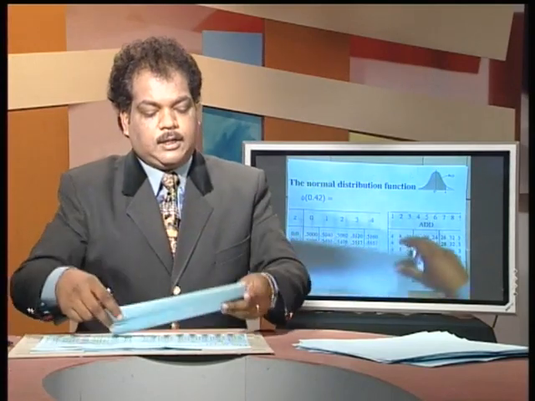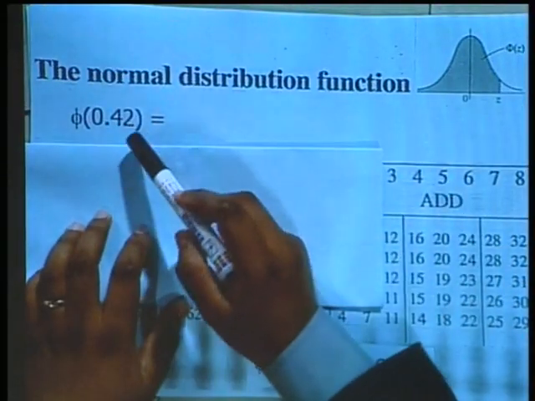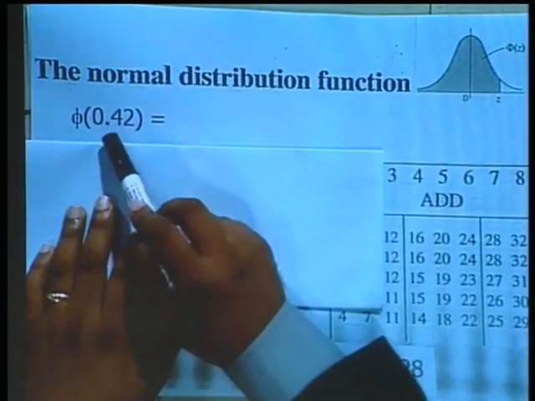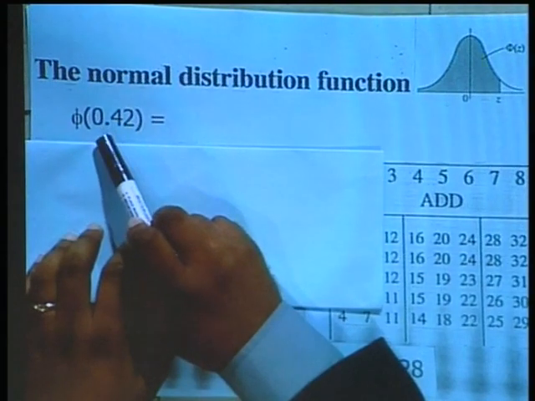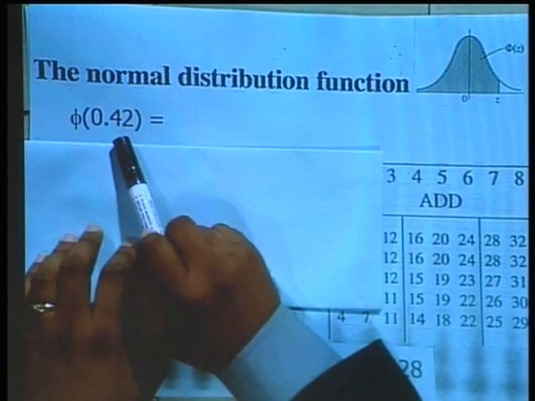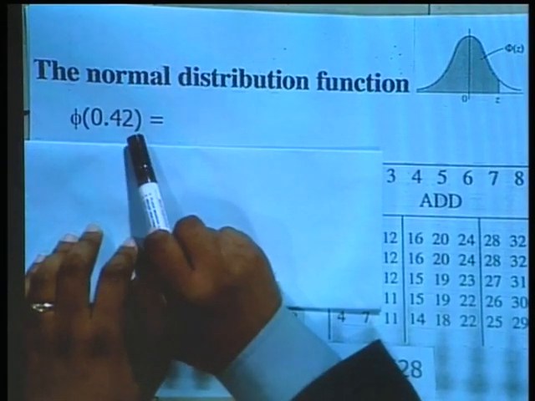We will take some examples to show you how to evaluate phi and the area under the standard normal curve. Let us find phi of 0.42. So this means that in the value of Z, we have 0 unit, first decimal point 4, second one 2.